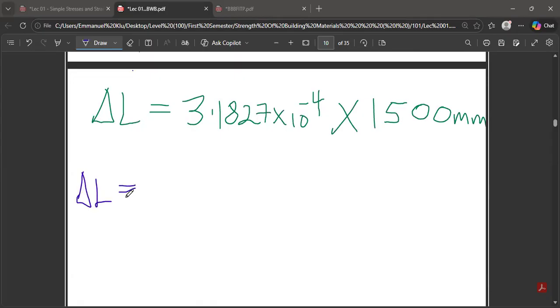So let's quickly multiply this together and let's see the answer we're going to get. After multiplying, which answer did you get? I'm getting 0.47745. Okay.